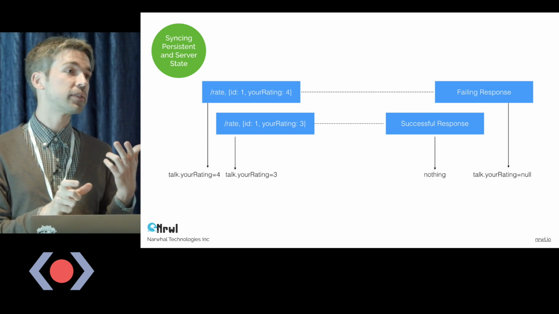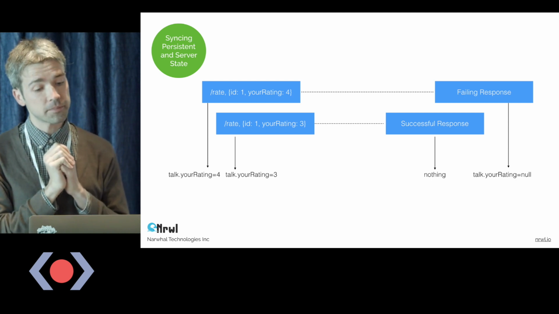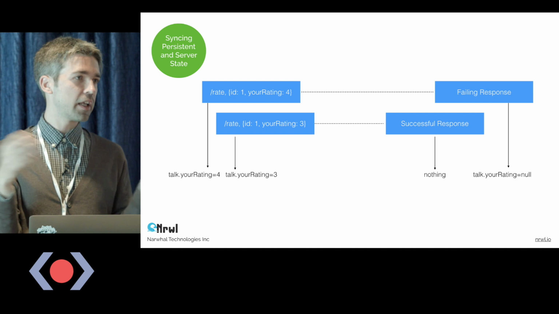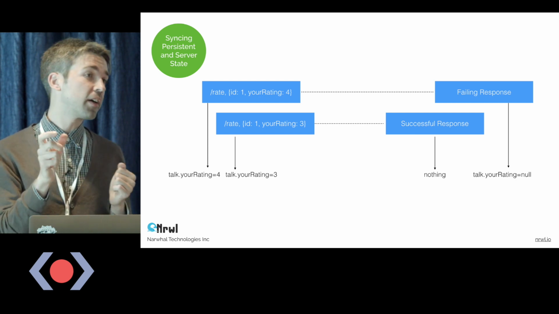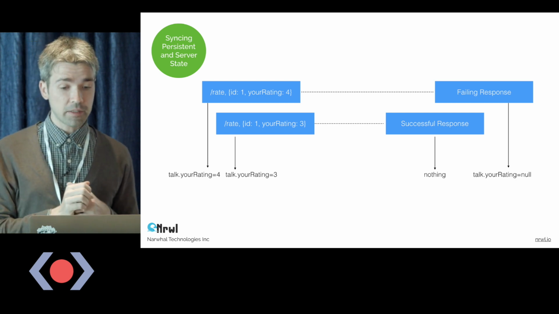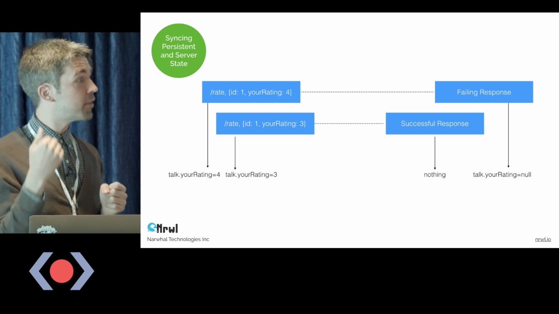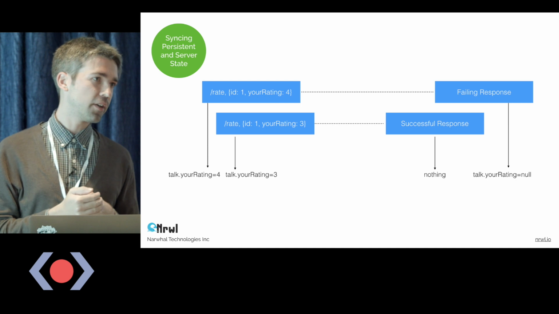So we have 2 requests going to the backend, and we didn't get responses for those requests yet. What may happen is, because we cannot control it, there is no imposed ordering, that the response for the second request will come first, the one that sets to 3, and the response for the first request comes second, and let's imagine the request actually fails on the backend. Okay, so we have an exception.